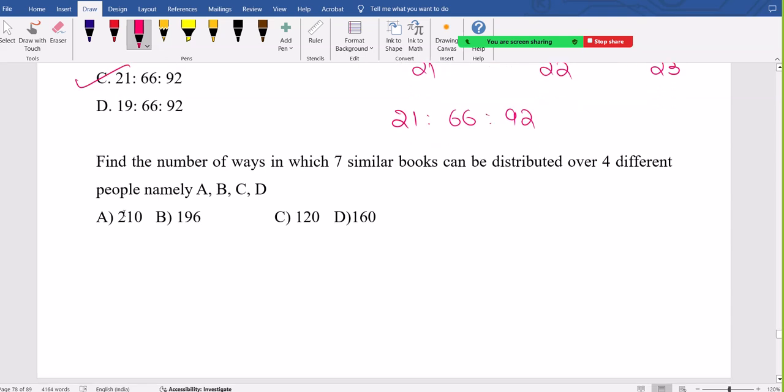Now let's see about this one. Number of ways in which 7 similar books can be distributed over 4 different people, namely A, B, C, D. 7 books, okay, distributed to 4 different people. Yeah, what's your answer?